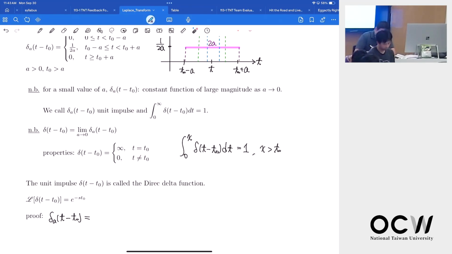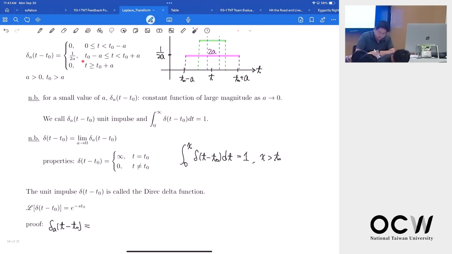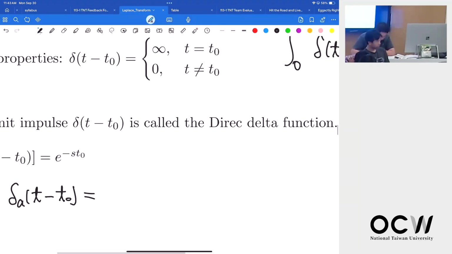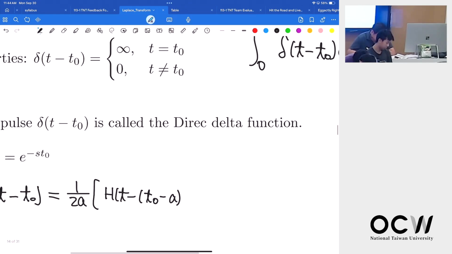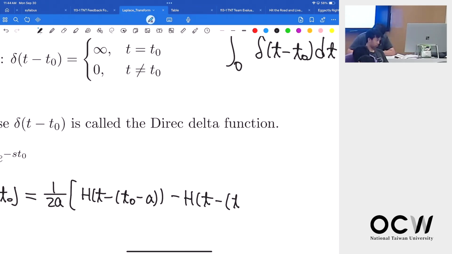I only have value between these two numbers, and the value is 1 over 2a. So between those two numbers, I have t minus t naught minus a, and the upper bound is t minus t naught plus a.